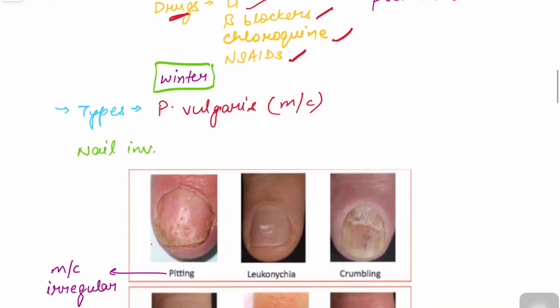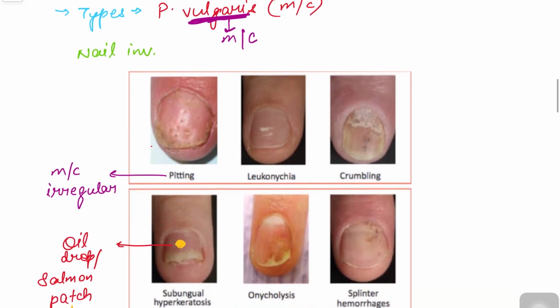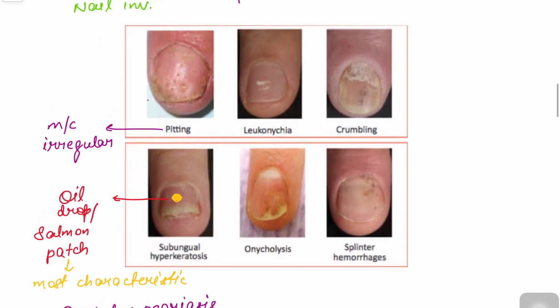As we come on to the types, we already know that vulgaris means common, so we need not remember it separately; just by the name we can say that psoriasis vulgaris is the most common type. Then coming on to the nail involvement, you can see in this picture the findings that you can find in a nail psoriasis patient.